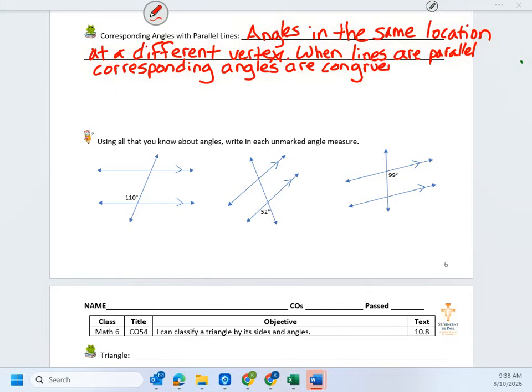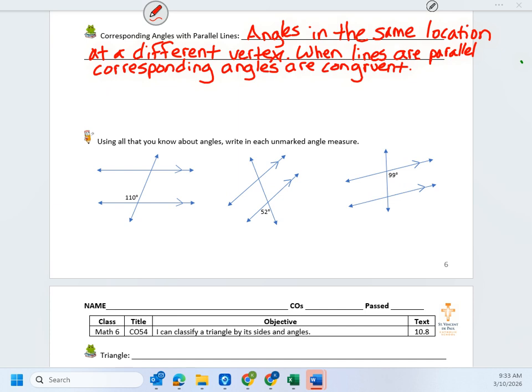What does it mean to be congruent? Joy, the same measurement, right? Vertical angles are congruent. They are the same, opposite each other. Now we're talking about corresponding angles. Then we have parallel lines.